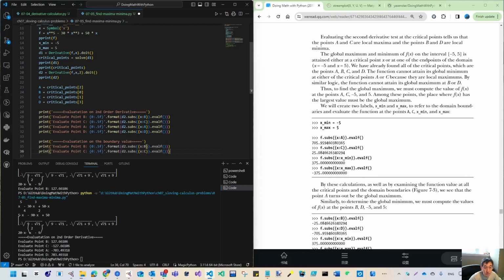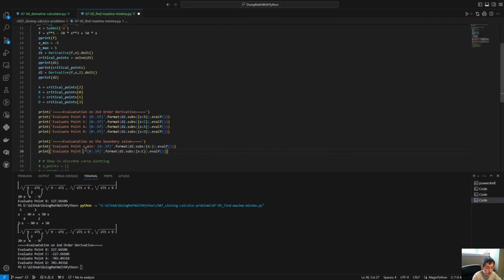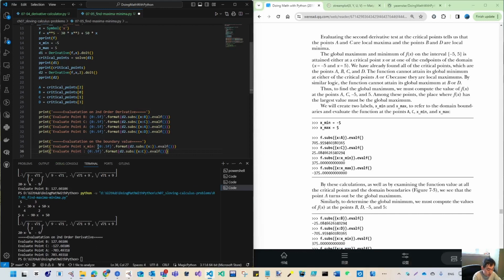So we don't give this b, but the x minimum and the x maximum. I'm running, press F11 to go to full screen.